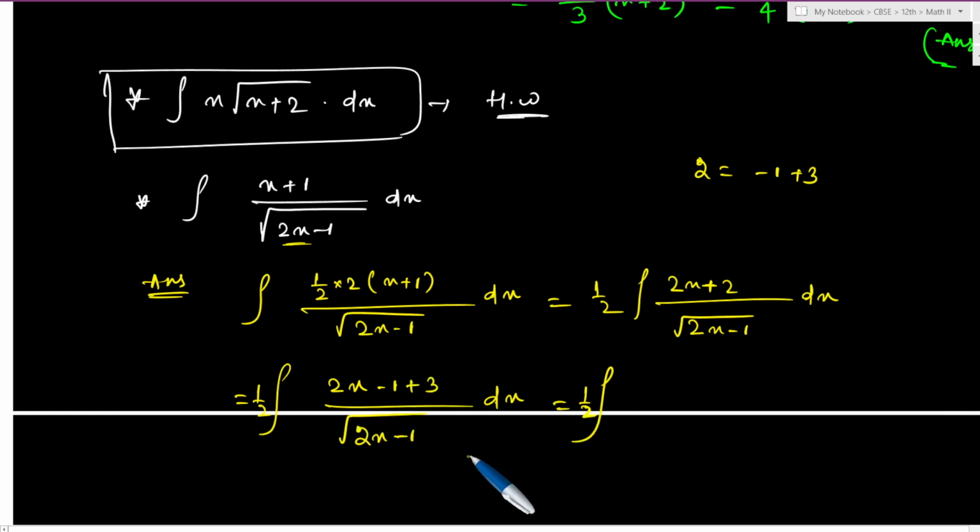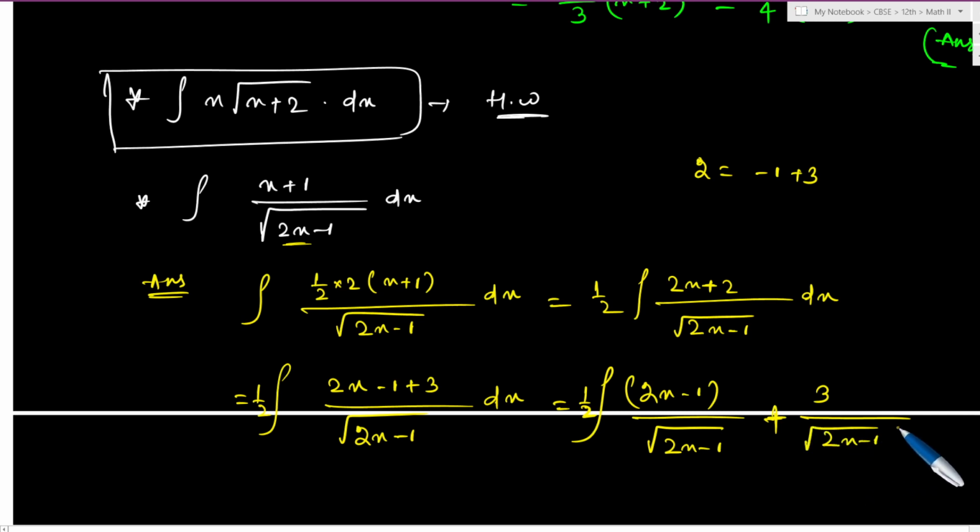And simply use what? Partial fractions. This will become 2x minus 1 divided by root over of 2x minus 1 plus 3 divided by root of 2x minus 1 dx.